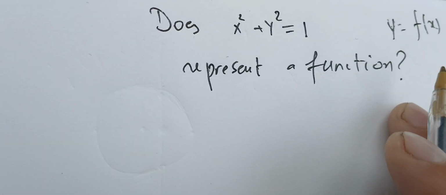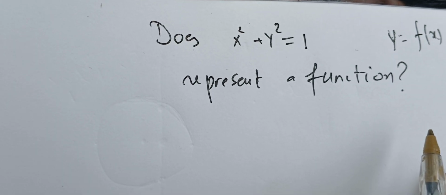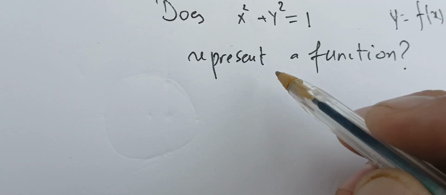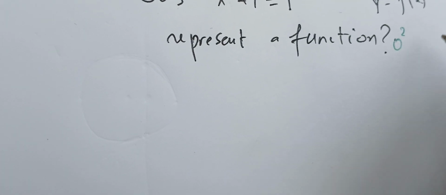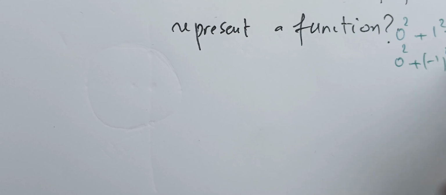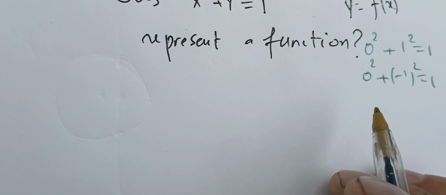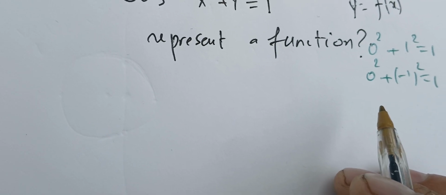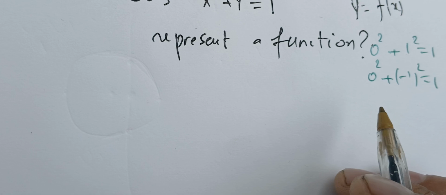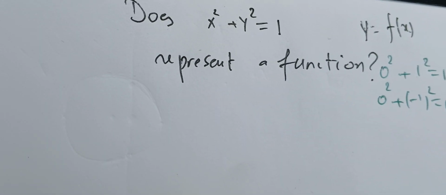So 0 is related to 1 and minus 1, because we have 0 squared plus 1 squared is 1, and 0 squared plus minus 1 squared is 1. And this means that the image of 0 is 1 or minus 1. And this means that this is not a function, okay?